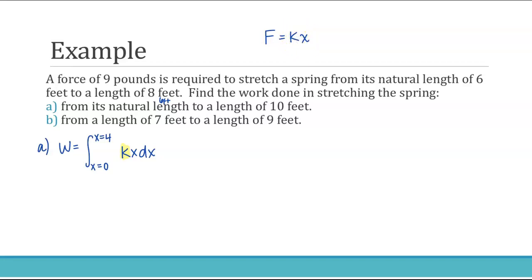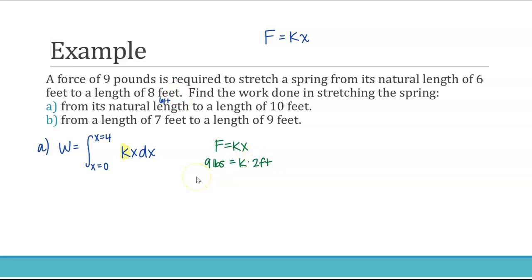If we know that force is equal to the spring constant times x, well, the force of 9 pounds is equal to k times a distance of 2 feet. That's how much the spring is being stretched from its natural length of 6 feet to a length of 8 feet. So I can go ahead and solve for k here.